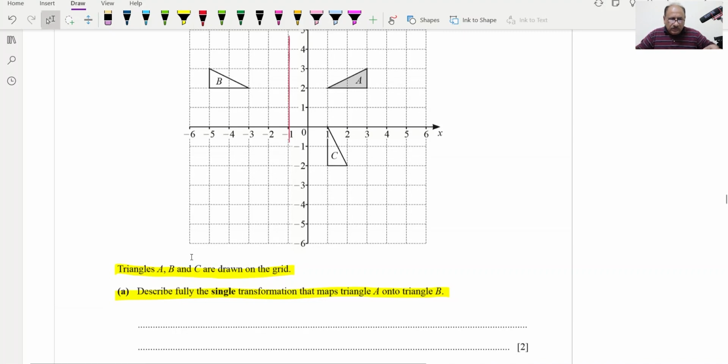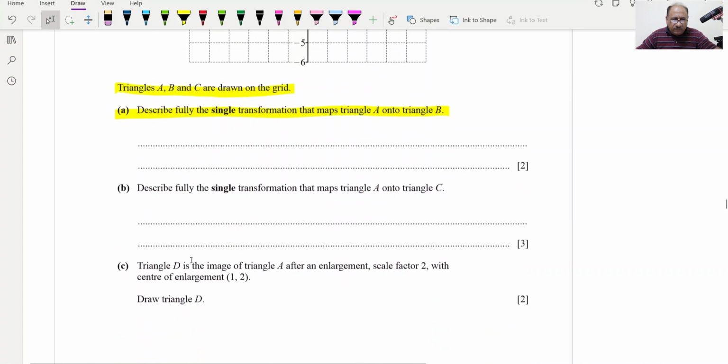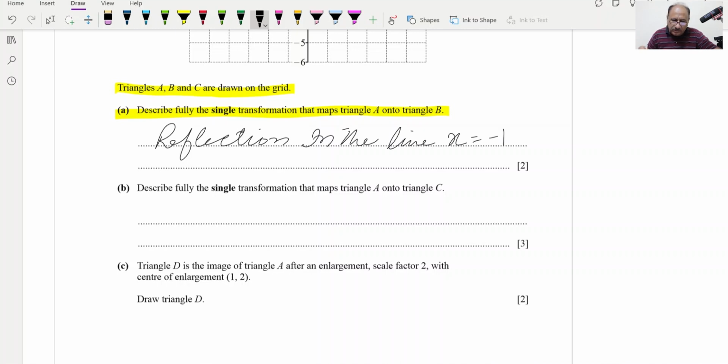So we can write this as reflection in the line x is equal to -1.